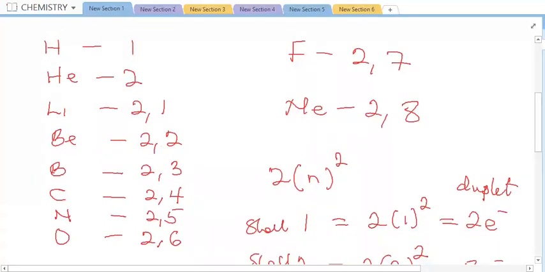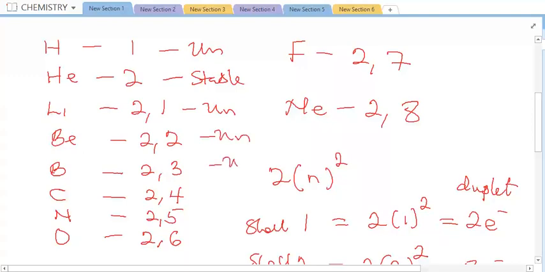Now, hydrogen here is said to be what? Unstable. Why? Because it has 1 electron. Helium is stable. It has complete electrons in its outermost shell, which is 2. Lithium is unstable. Beryllium is unstable.